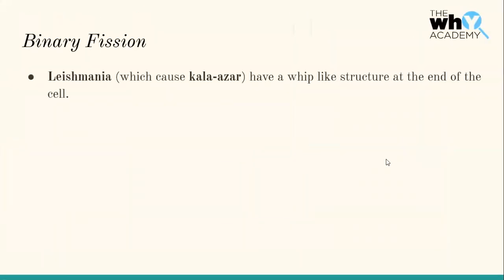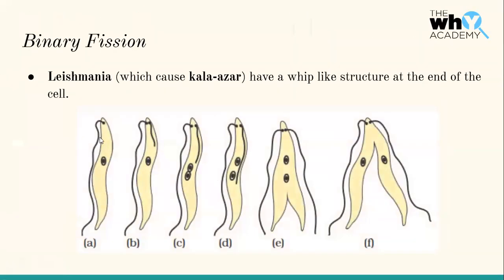And when you look at other organisms like leishmania, okay, leishmania is an organism which causes the disease Kala Azar, right? It's a type of deadly fever, right? They have this kind of structure, so it looks something like a tag, very weird looking tag.